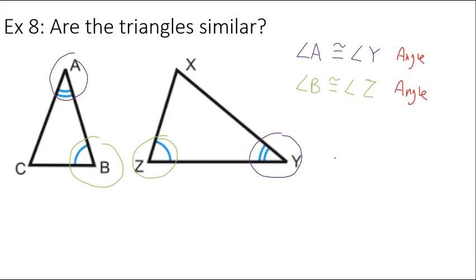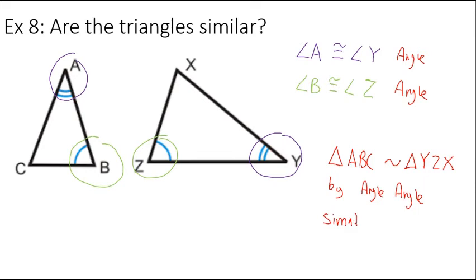So here we're going to say triangle ABC similar to triangle YZX, and we say by angle-angle similarity.